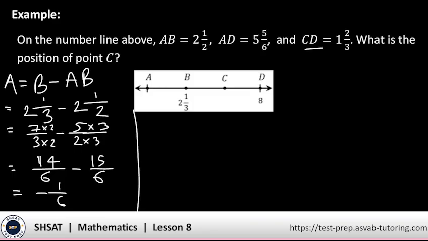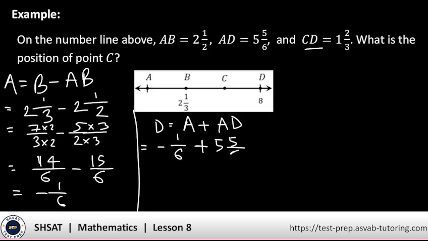Now for AD, because the question said to figure out point C, let's just figure out point D first, okay? Instead of AD, let's just figure out point D first. So D is going to be A plus AD. A was minus 1 over 6, and AD, as you can see in the question, is 5 and 5/6.